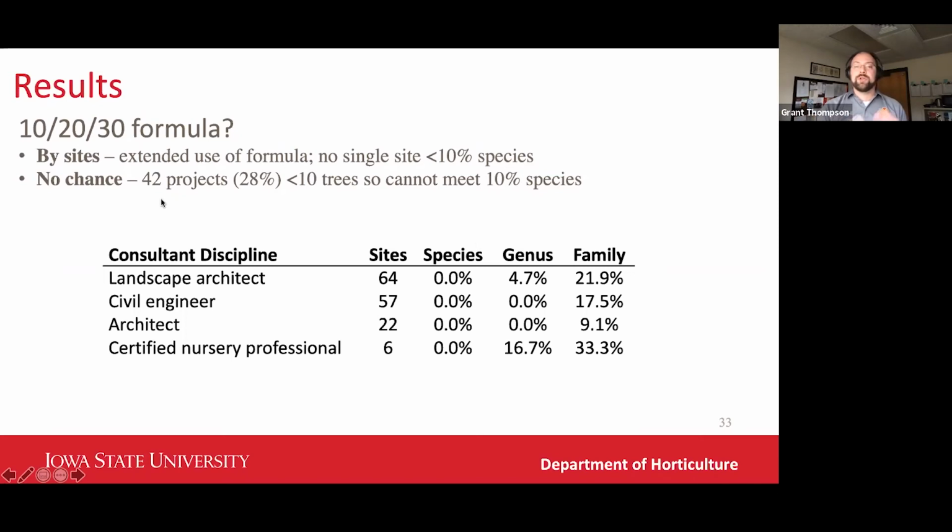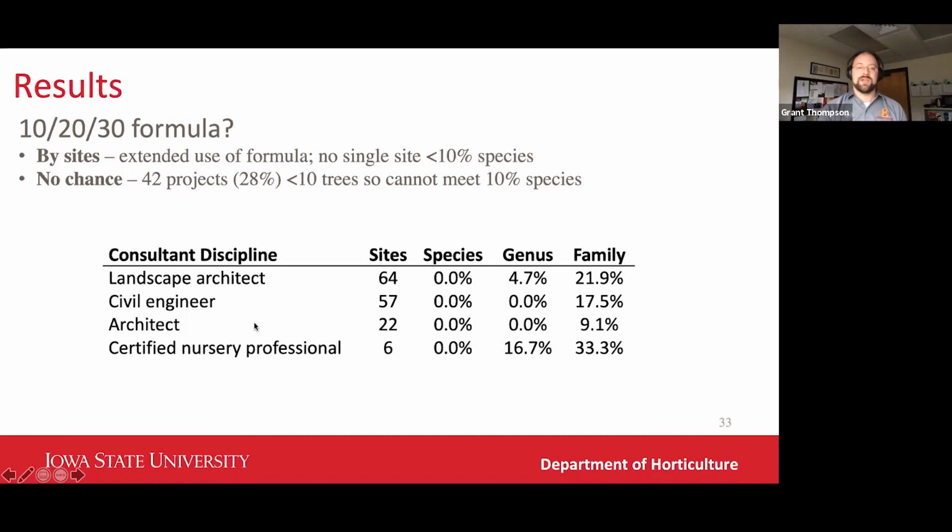In fact, 42 projects, or just over a quarter of all of the sites that we looked at, had fewer than 10 trees on them. Small urban sites, not a lot of open space, so less than 10 trees. So there's no way they can meet that 10% species threshold. We see a little more compliance at the genus level and more compliance at the family level.